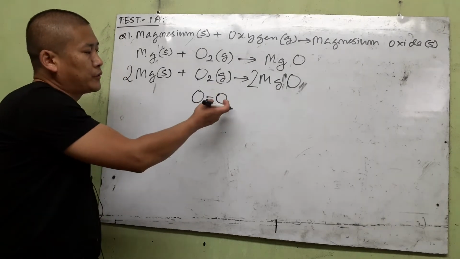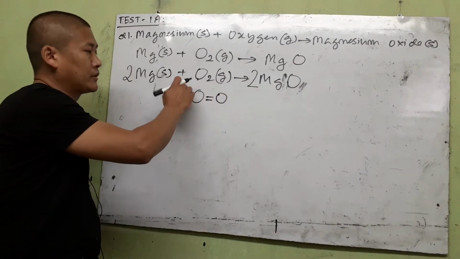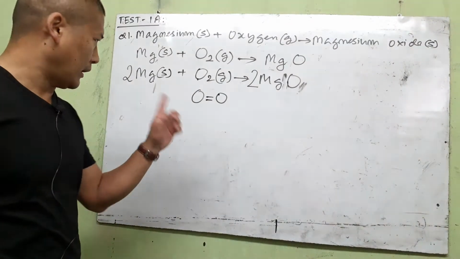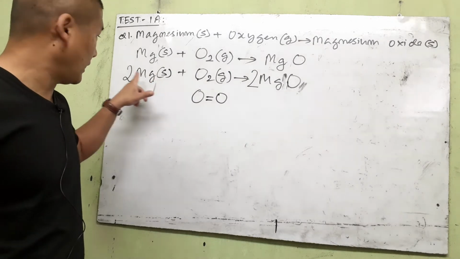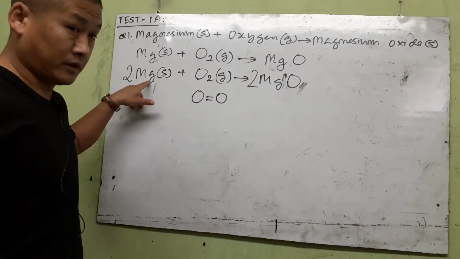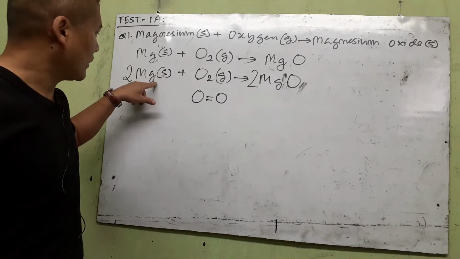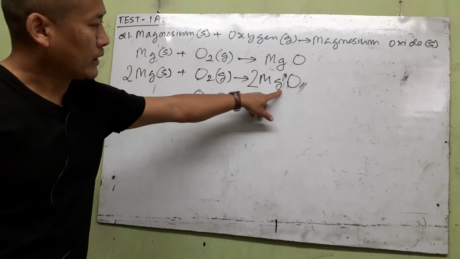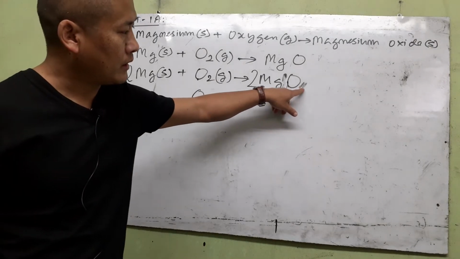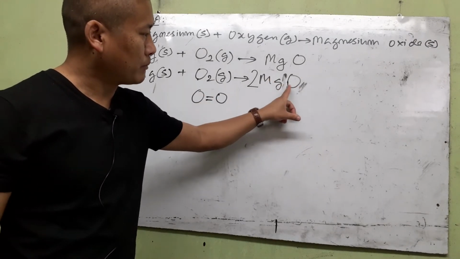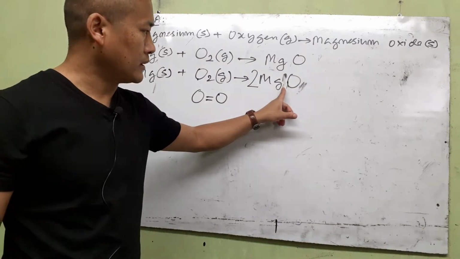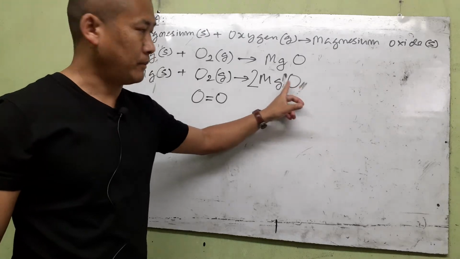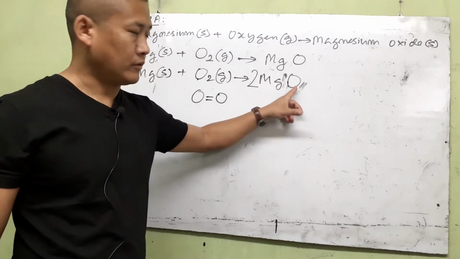Since there are 2 oxygen atoms, we call this a molecule. Only 1 atom, like Mg with no number at the back, is an atom. At the back, 2, so there are 2 atoms, so it's a molecule. In MgO, there is 1 here and another 1 there, so this molecule has 1 plus 1, two atoms, one magnesium atom and one oxygen atom, which make magnesium oxide. So it's a molecule.